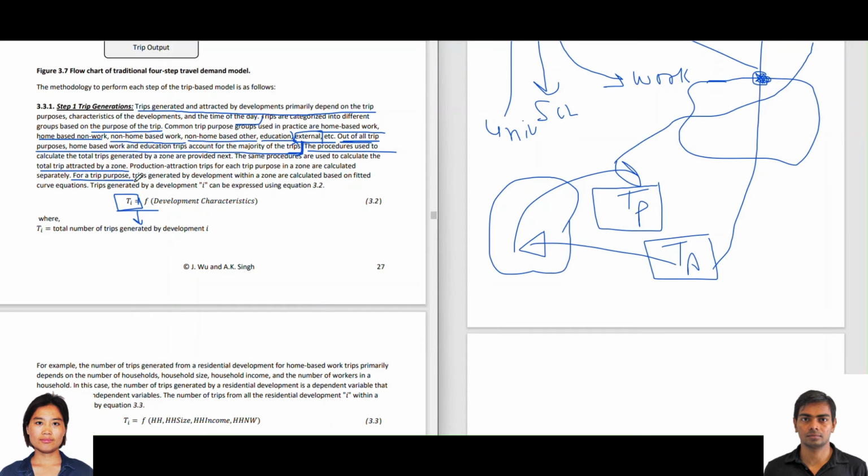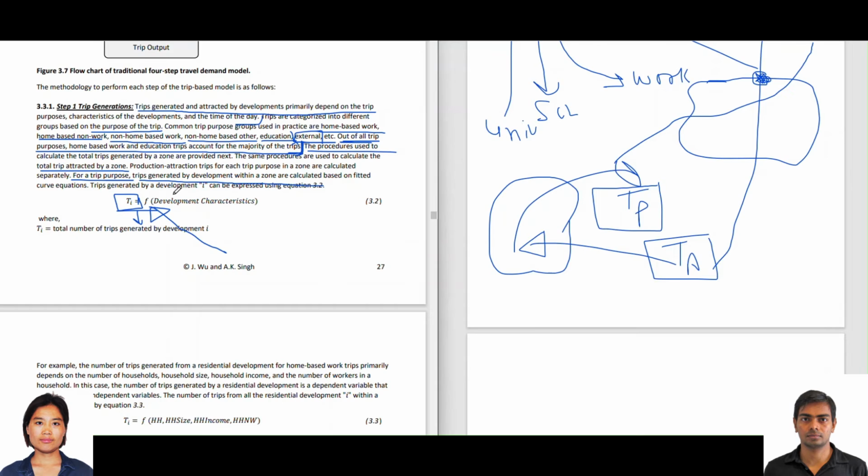So for a given trip purpose, the trips generated by the development within a zone are calculated based on a fitted curve. F here represents the fitted curve or the equation. So we look at development characteristics and then use a regression equation, which we have looked at in depth in section 2.2 in previous videos.